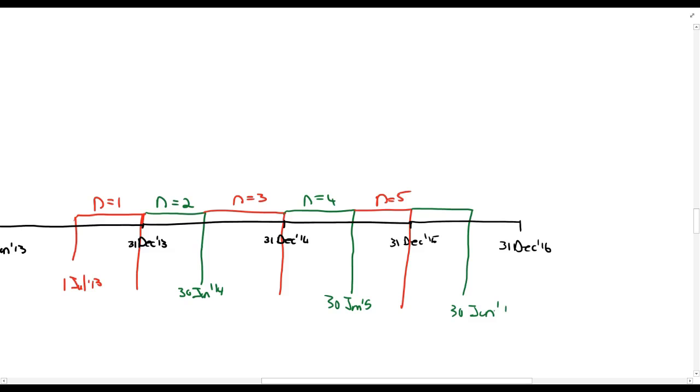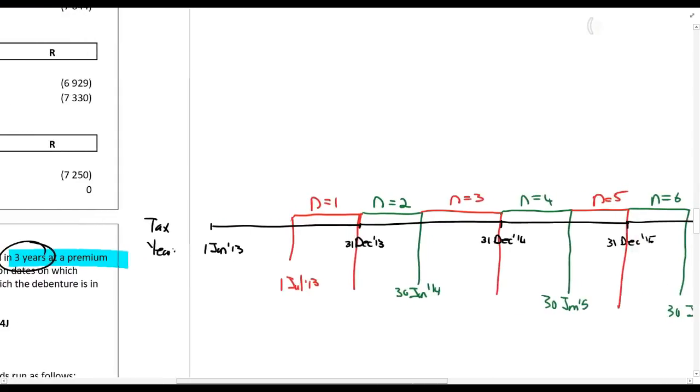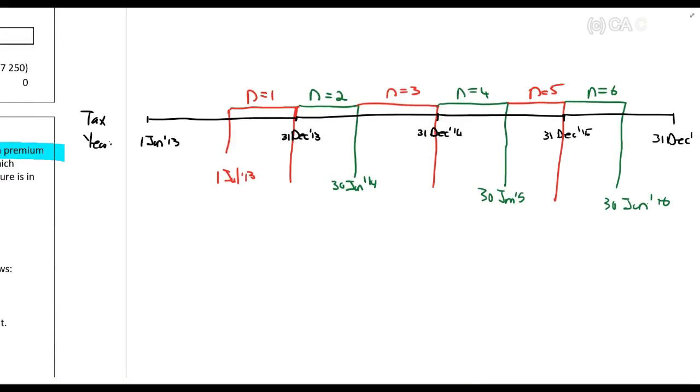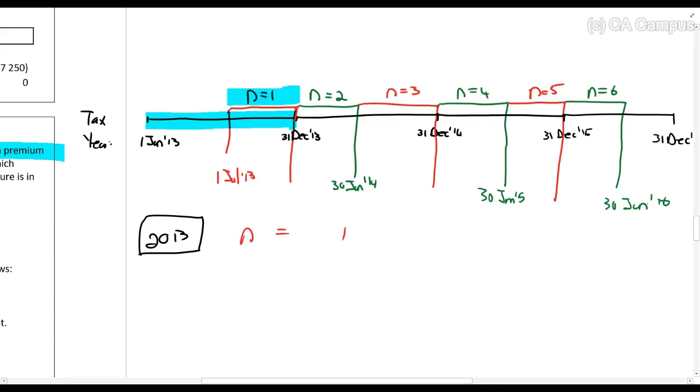Okay, so now hopefully you've already started anticipating what's going to happen here. This is great. So now you just need to identify what periods fall within your year. So 2013, what happens in 2013? It runs from the 1st of Jan until the 31st of December. What do we have in that tax year? Just N1. Okay, what do we have in 2014? Our tax year runs from the beginning of the year until the end of the year. We have N2 and N3.